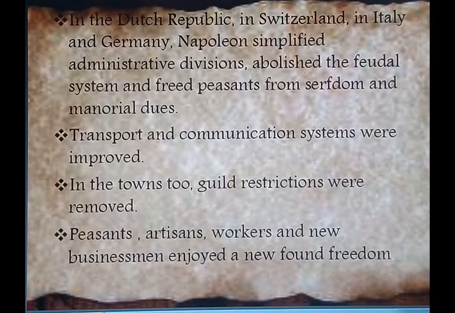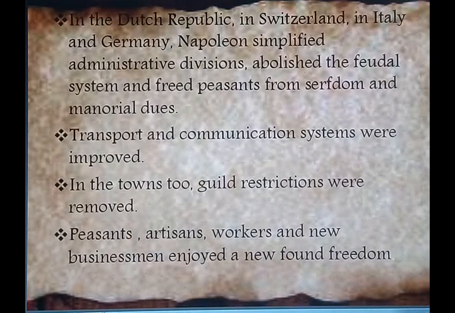Who will be the collector, who will be the magistrate, who will be the other officer, all these are called administrative division. So he simplified it. He abolished the feudal system and freed peasants from serfdom and manorial dues. I won't tell you about these things at present because you have already studied them in class 9th.